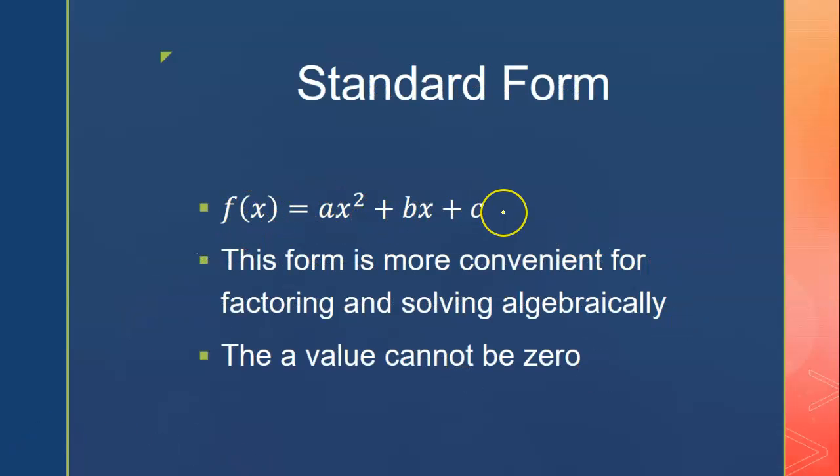y equals ax squared plus bx plus c is standard form. This one is more convenient for factoring. Once again, the a value cannot be 0, and the c value is kind of like the b value in linear.